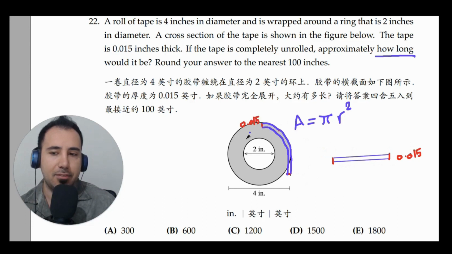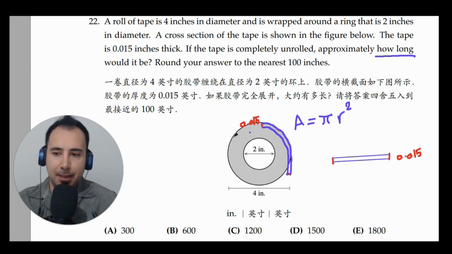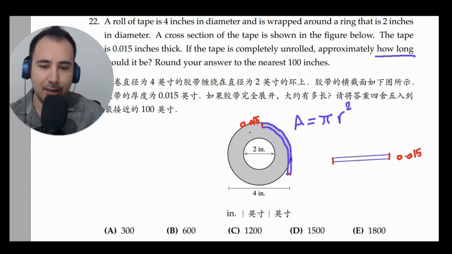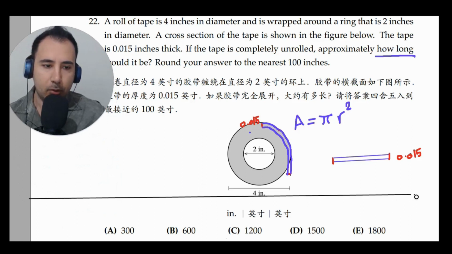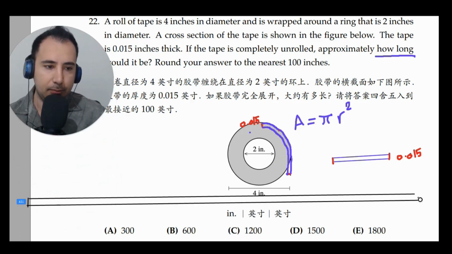And then you have to visualize this. What if I unroll all of it and then make it really, really long? So all this tape turns into a very, very long rectangle. See, we turn all this tape into a big rectangle.